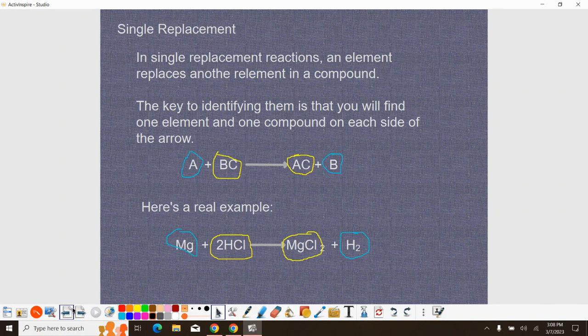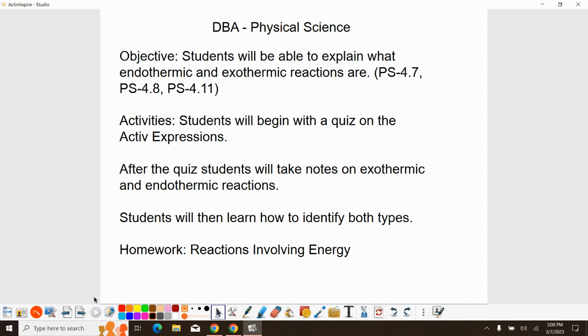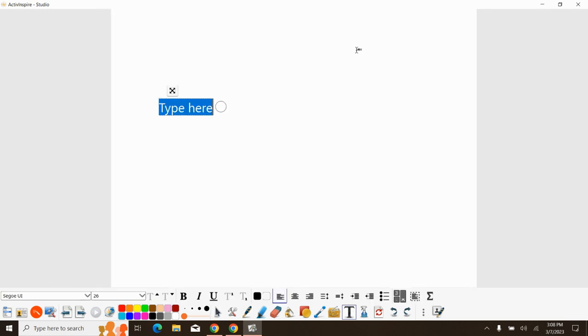Again, single replacement, one element and one compound on both sides of the arrow. Single meaning single compound on each side. Double replacement has 2 compounds on the reactant side, 2 compounds on the product side. Double meaning 2 compounds on each side. The last type of equation I do not have one of in this particular set of slides, and that is a combustion reaction.